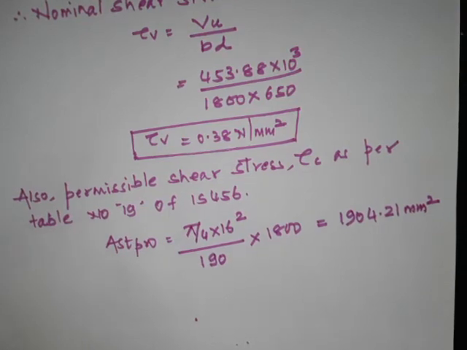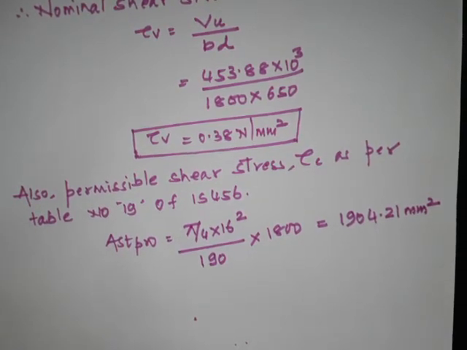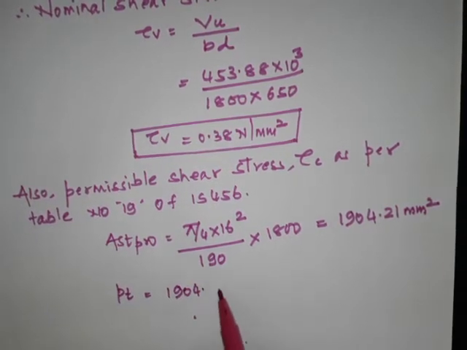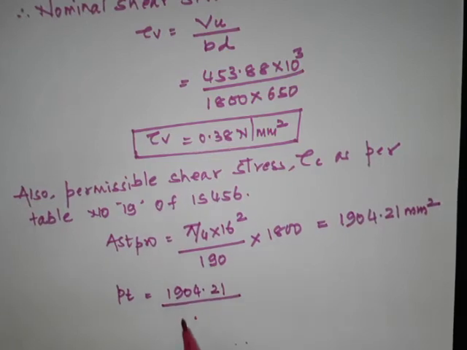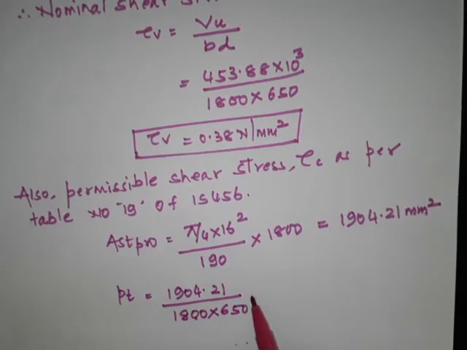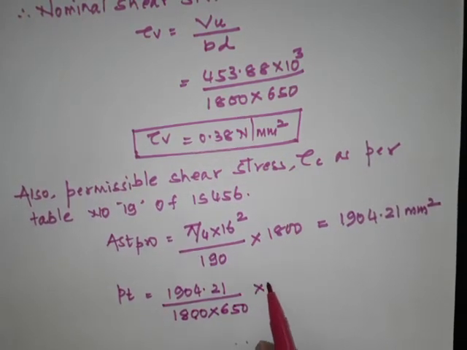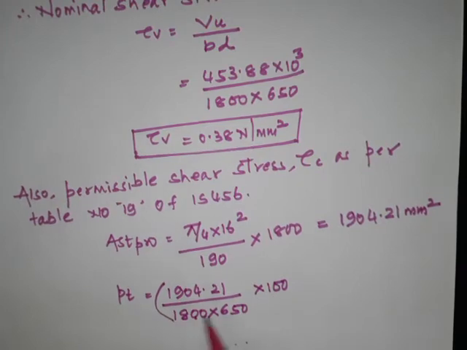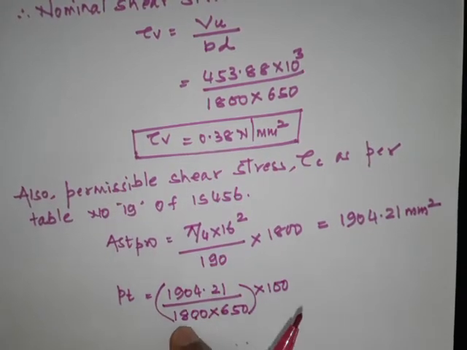First you have to find out the Ast provided, 1904. Then after that pt will be 1904.21 divided by 1800, which is b, times depth 650, into 100. Ast by bd into 100.